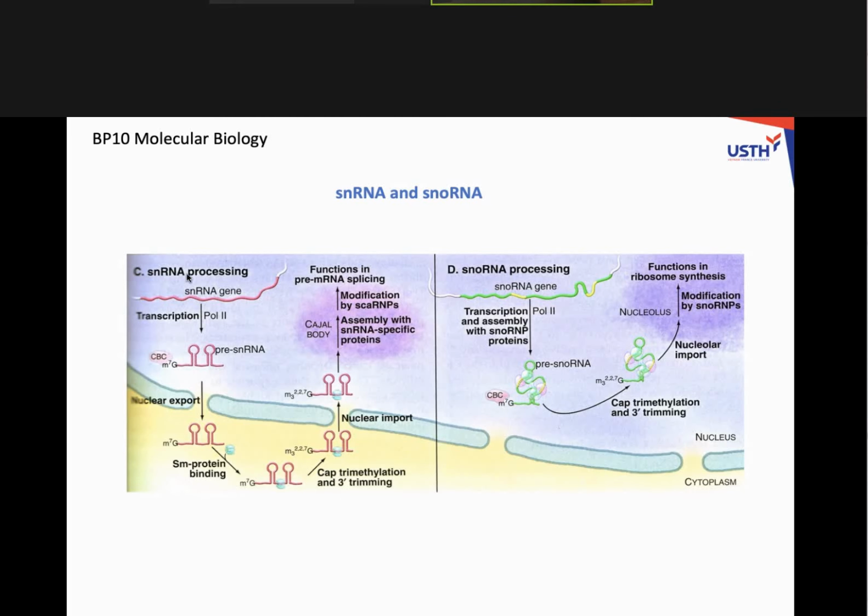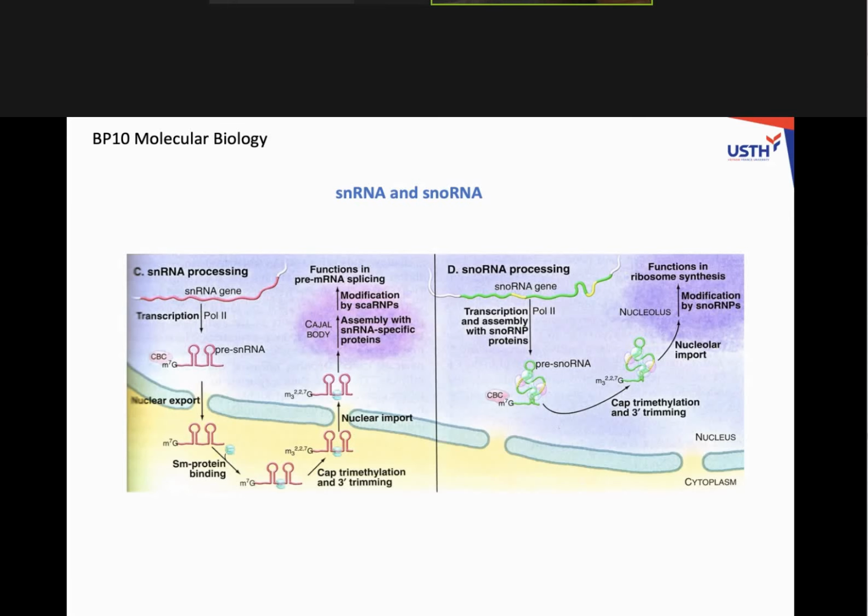So for the snRNA processing, I want us to start here, and I just want to pay attention to which polymerase is transcribing this snRNA gene. You see it's polymerase 2. Is it okay?